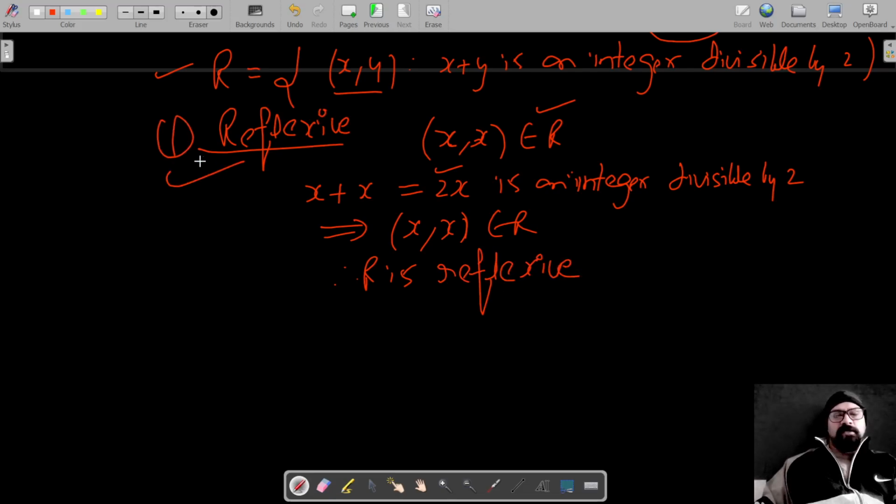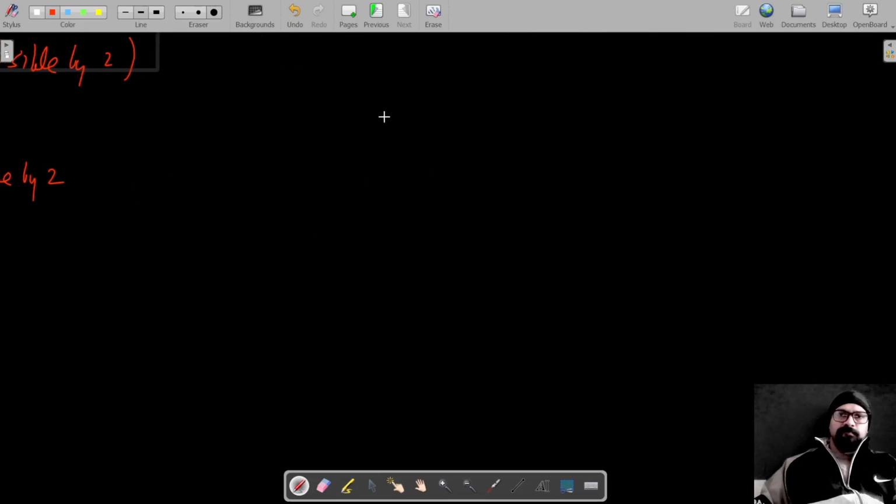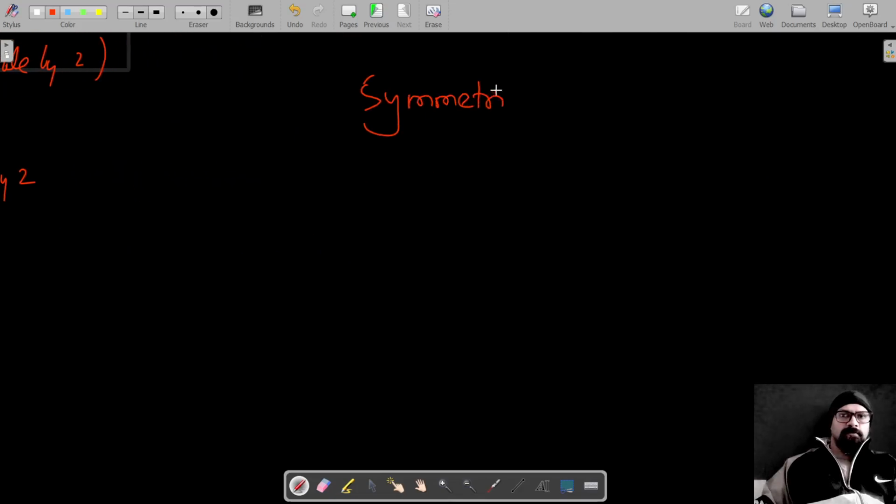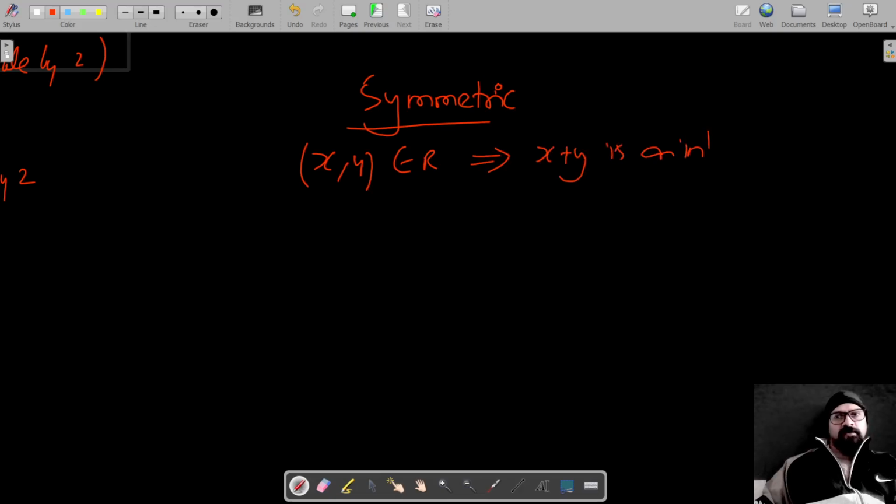Now let's check the symmetric part. For symmetric, let's consider that x comma y belongs to R, and if we can prove that y comma x belongs to R, then it is symmetric. So x comma y belongs to R, that means x plus y is an integer divisible by 2.